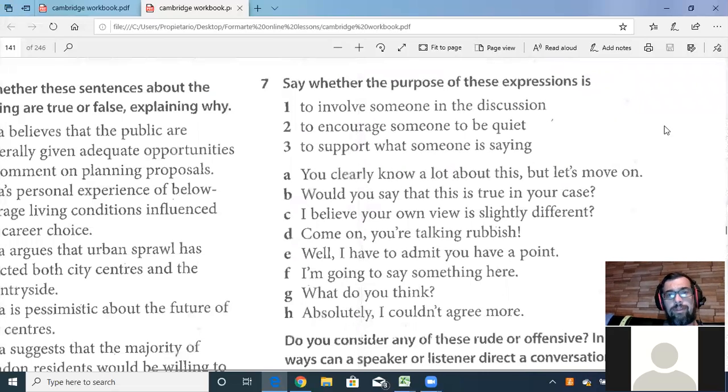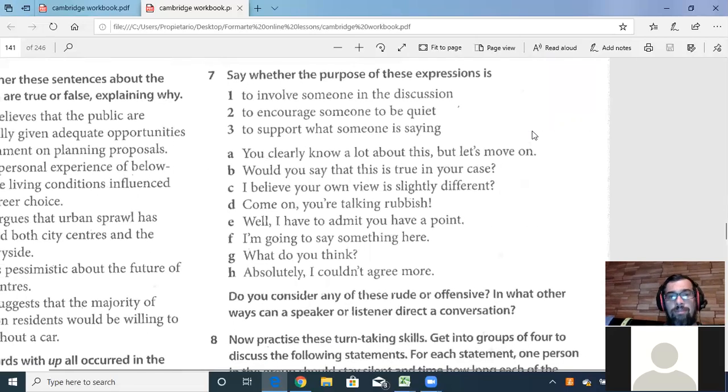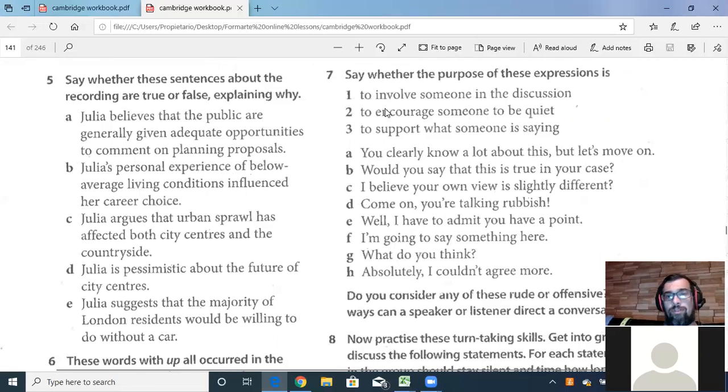Try to match these. For example, to involve someone in a discussion, which of these will you choose? So you might repeat them, right? Of course. So try to put here one, two, or three.